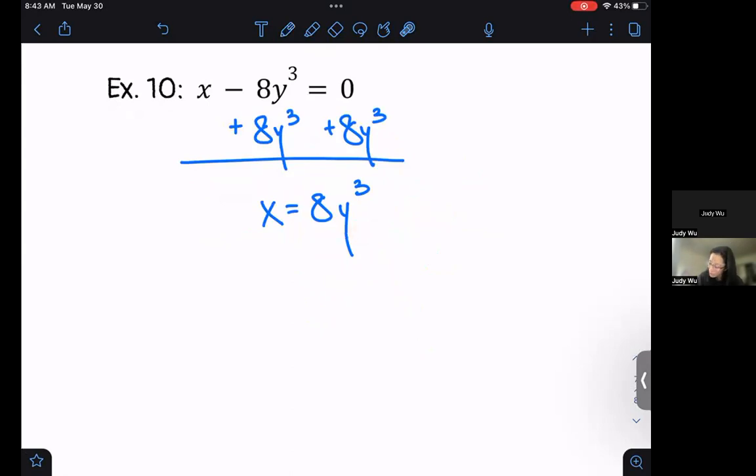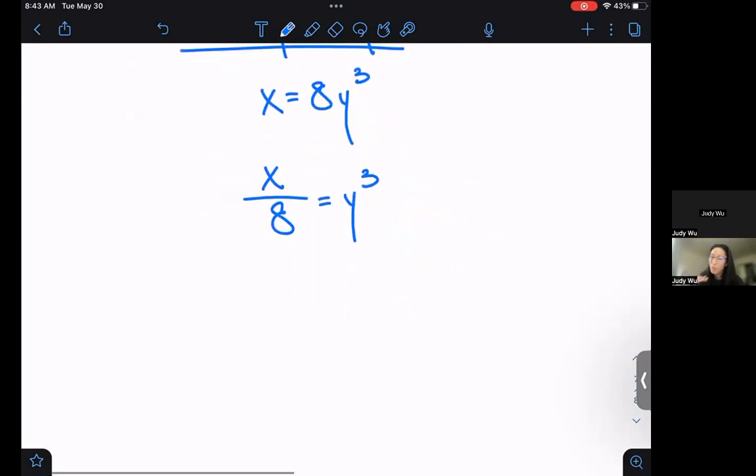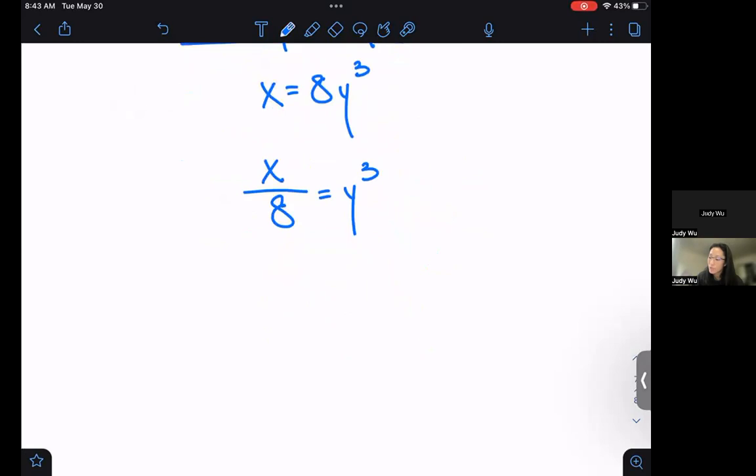I actually have to divide by this 8 first, and then I can get rid of this cube. I'm going to divide both sides by 8. I get x over 8 equals y cubed. And then to get the y all by itself, I need to take a cube root. So y is going to equal the cube root of x over 8.